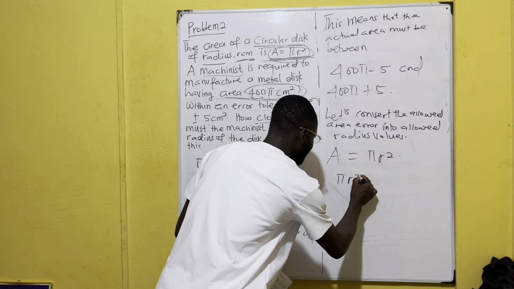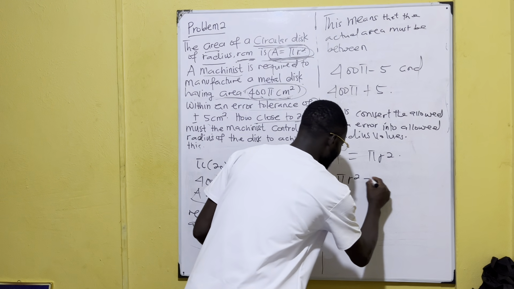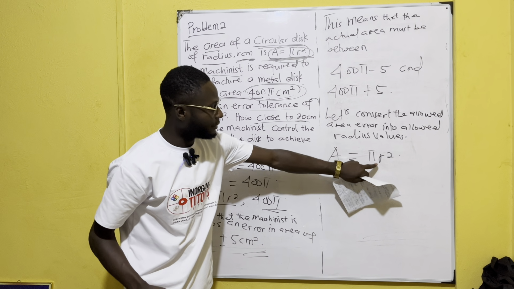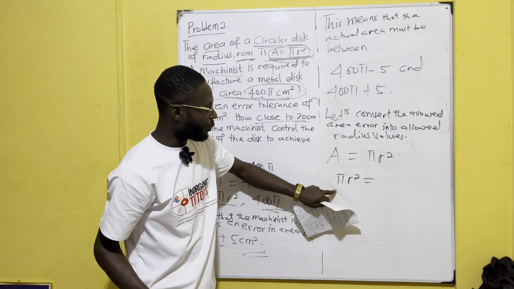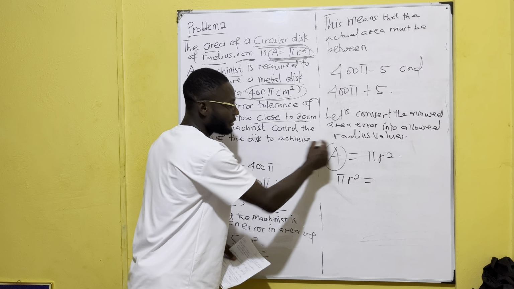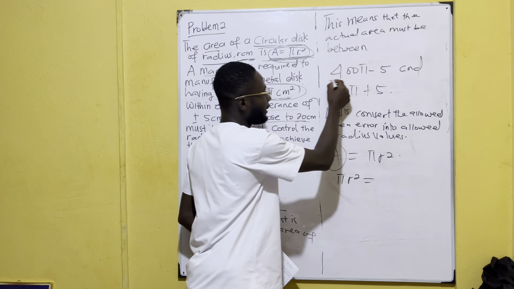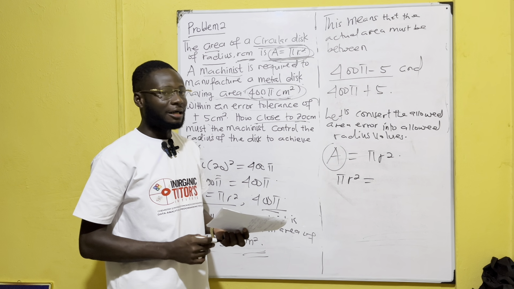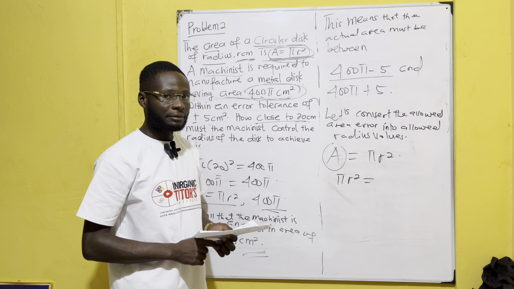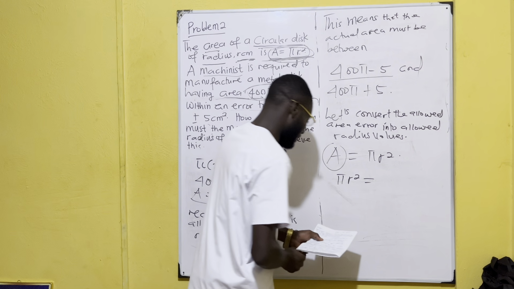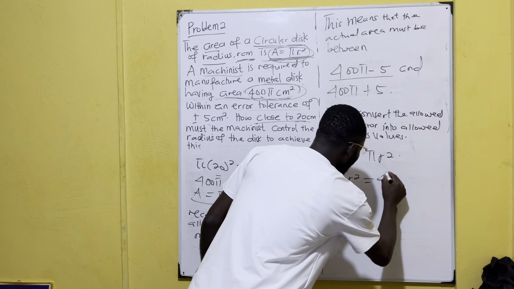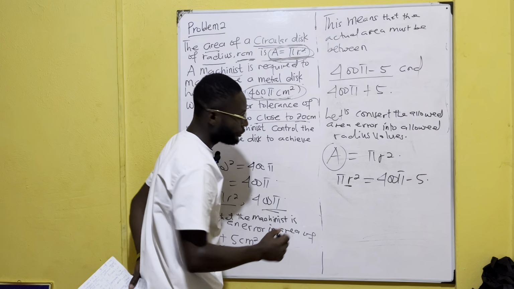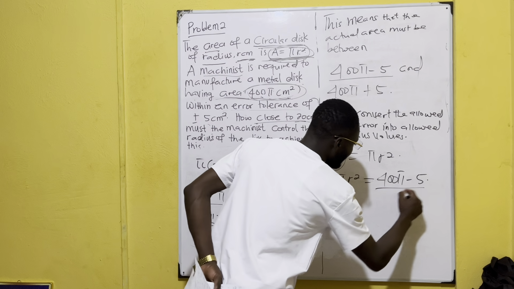So we have pi r squared equals, because we are substituting the smallest allowed area, 400 pi minus 5. We need the radius, so we divide here by pi, divide here by pi.